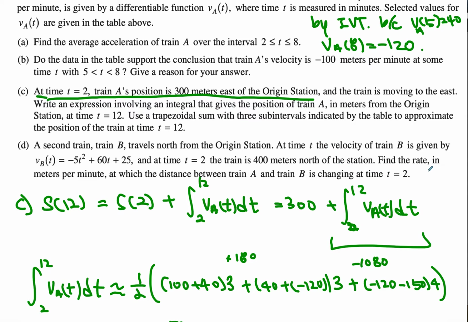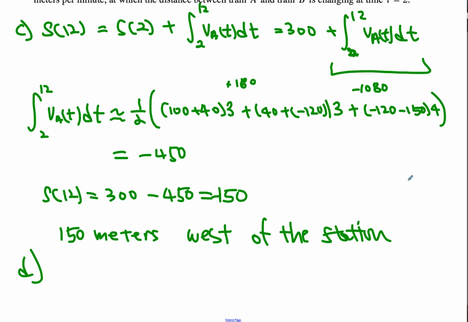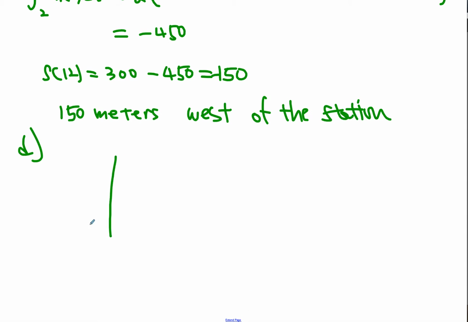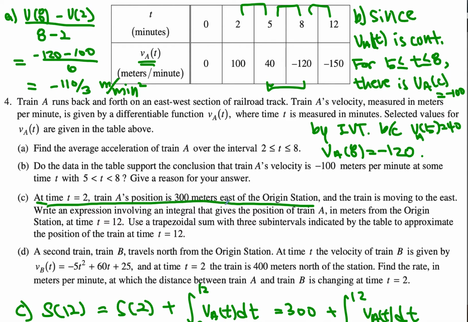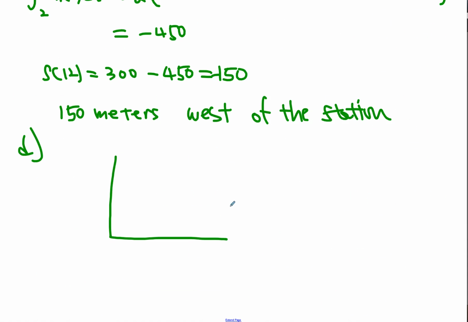Find the rate in meters per minute at which the distance between train A and train B is changing at time t equals 2. I can draw a simple picture here. When t is equal to 2, train A is going out this way, where it's 300, and train B is going this way, and that's 400, and we're looking for the distance.